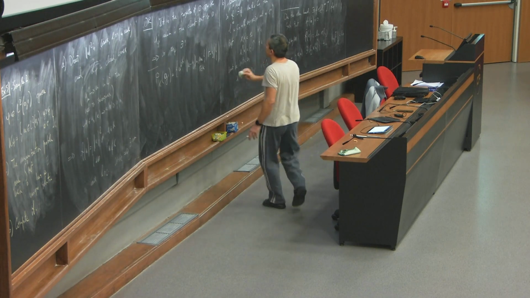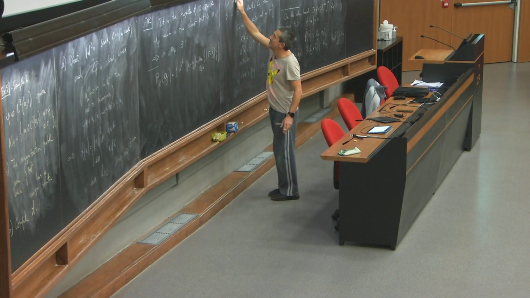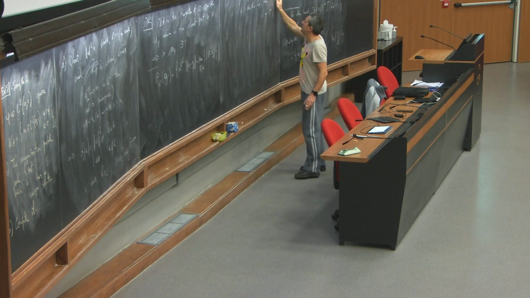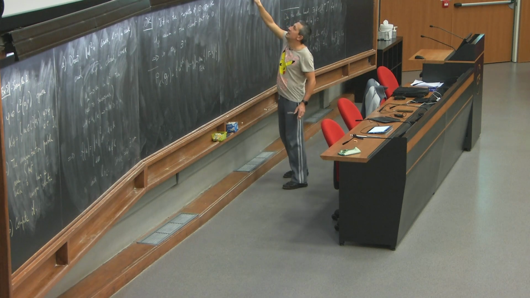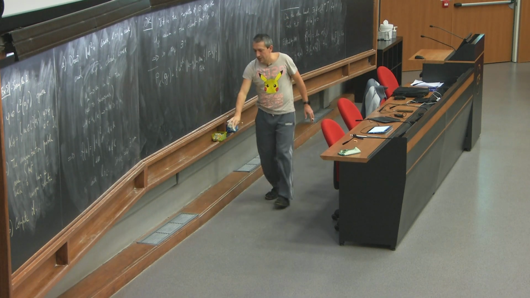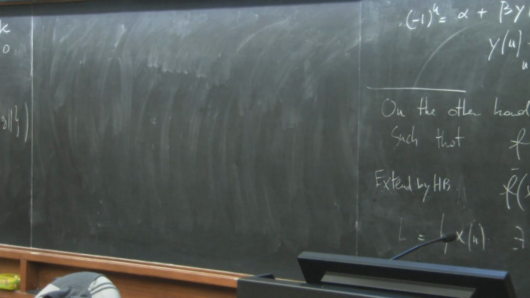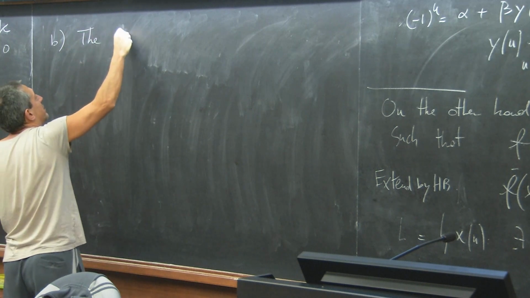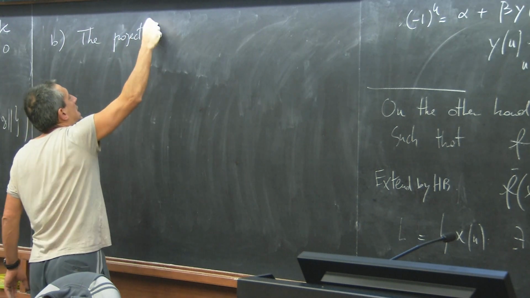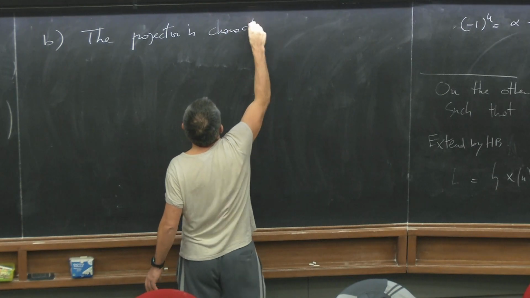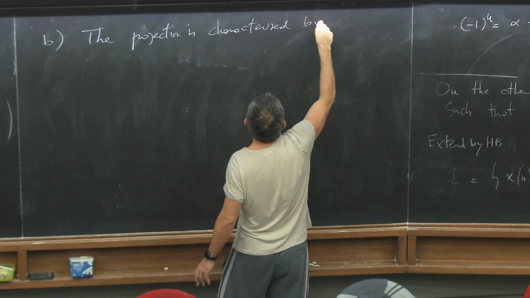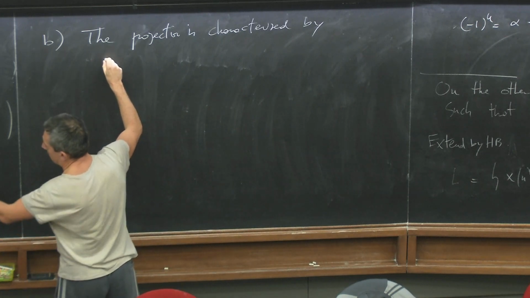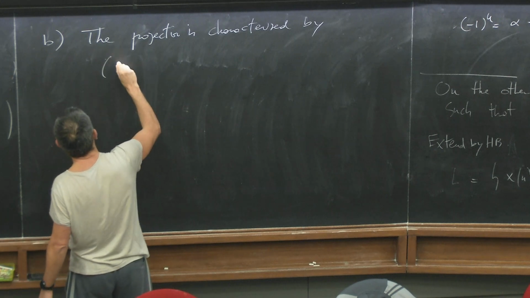Yes. Okay, so now we know that it is the projection, and now let's compute it. If I know that this is a projection, it's much easier to get what u psi is. So the projection is characterized by the following.